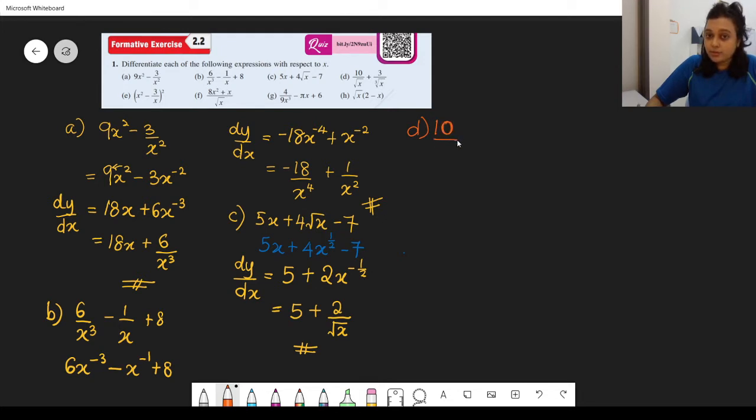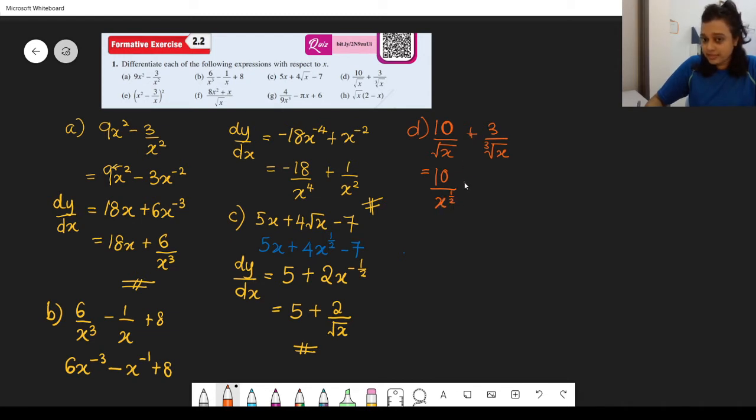10 over square root x, plus 3 over cube root of x. First step, always try to bring the x to the numerator's position. Don't try to do it below because it's going to be hard. This one is square root x, which is actually x power of 1 over 2.